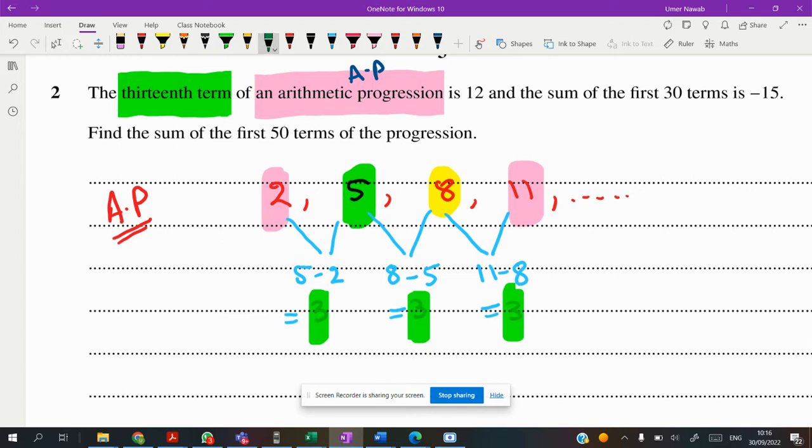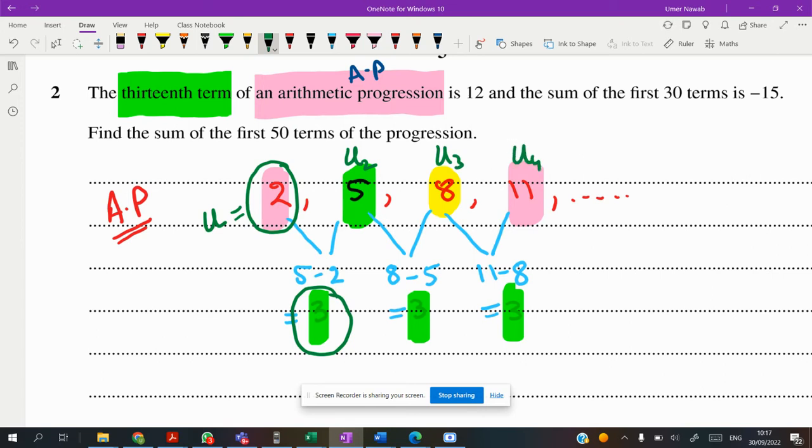Two things are important in arithmetic progression: the first term and the common difference. The first term, normally by the examiner or in the books, is written as U. So this is U2, I wrote 2 in the subscript. U3 to represent the third term.